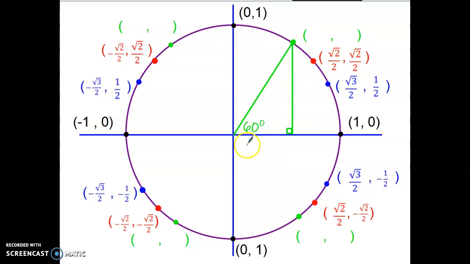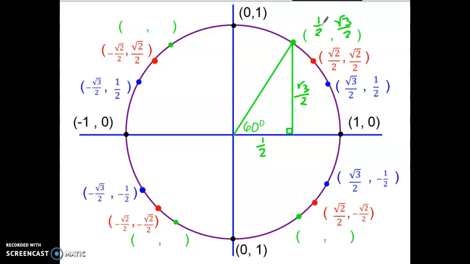All right, let's look at our 60-degree triangle. So in our 60-degree triangle, we had the 1/2 side here and the square root of 3 over 2 side here. So that tells me that the cosine of 60 is 1/2 and the sine of 60 is square root of 3 over 2 because cosine goes with x and sine goes with y. And here in the first quadrant, they're both positive.